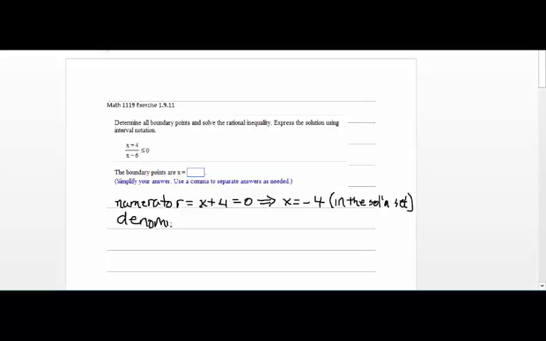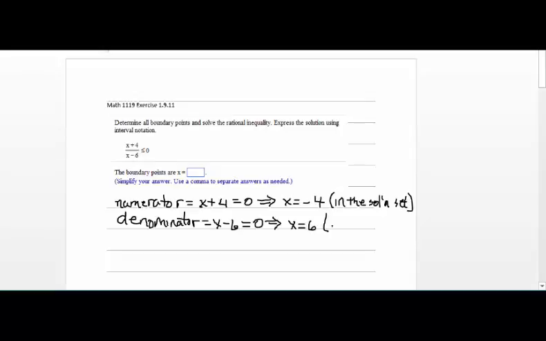Now we set our denominator equal to 0. So x minus 6 equals 0. When we solve that, we get x equal to 6. Because this makes the denominator 0, 6 makes the whole expression undefined.